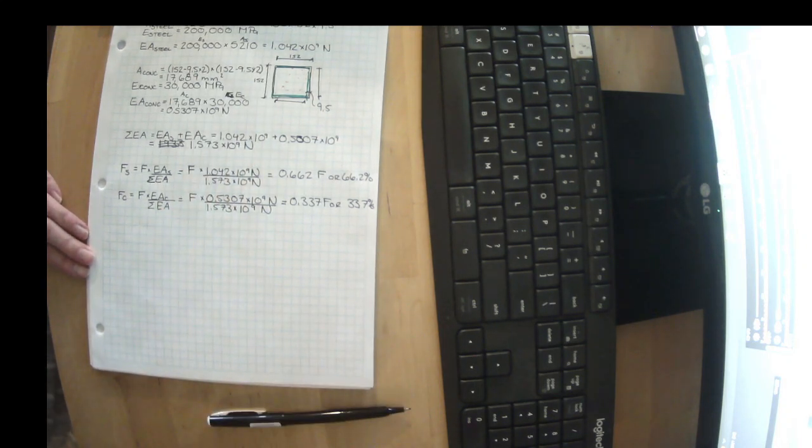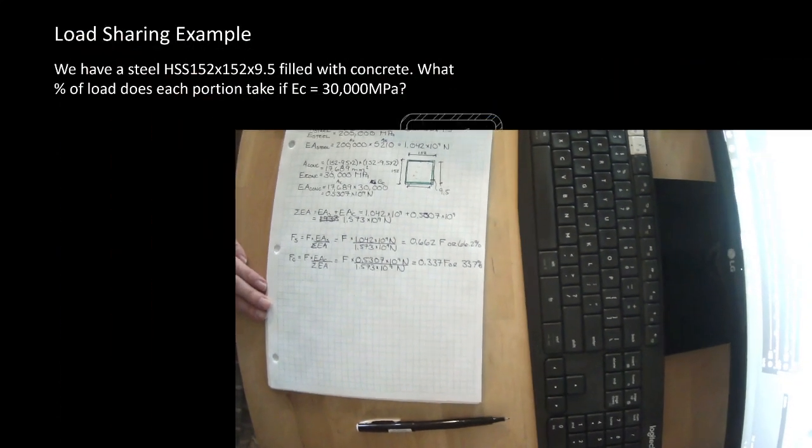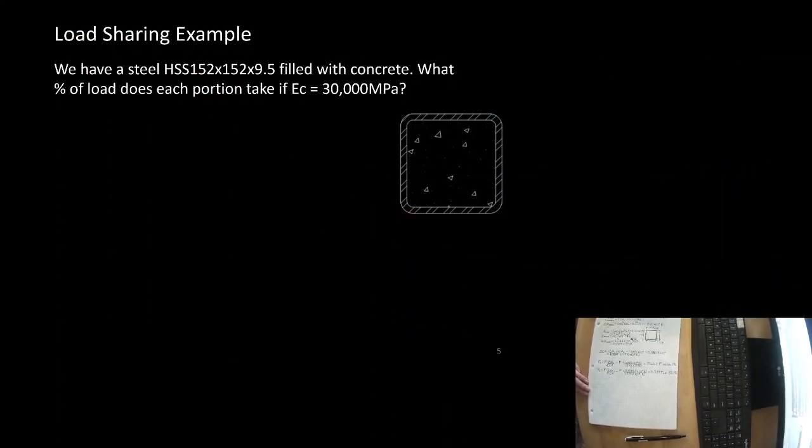You had to have a feel for how stiff each part was, but we have that calculation. So now if we knew how much load this was carrying, we could say how much load is in the steel and how much is in the concrete, and then we could check if that HSS is actually strong enough to carry that load.